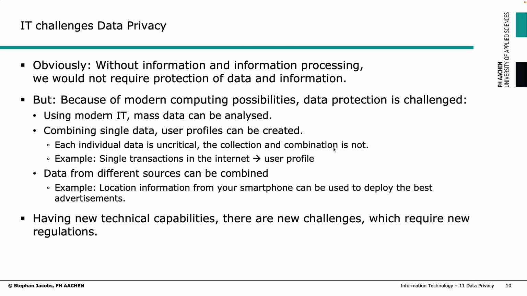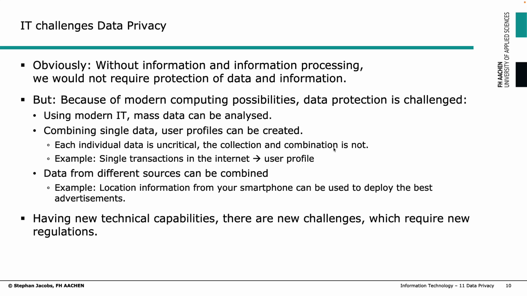Why has data privacy become an issue? Simply because IT, information technology, has completely changed the situation: how we deal with information and how we can process it. Without information and information processing, we would not require protection of data and information.